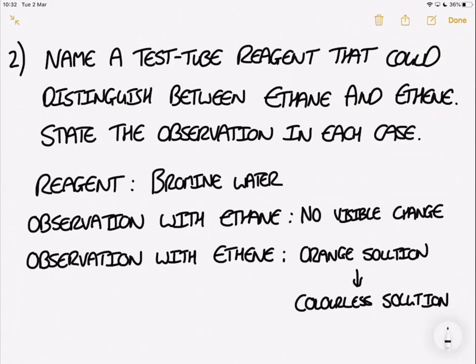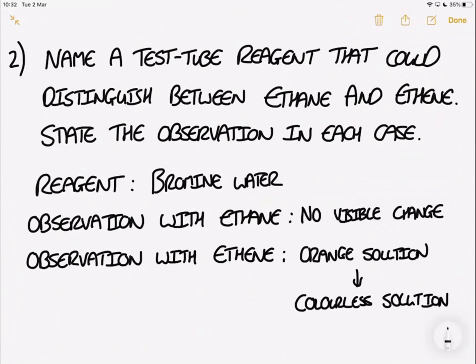You could probably get away with no change or no reaction, depending on the question. But if we're nitpicking, it's not as good a way of phrasing it. The reason for that is that there might be some underlying chemistry that you can't see, even though there's been no visible change. Now, obviously, with bromine water and ethane, we can assume that there is no reaction. But the idea is that you're covering yourself by saying no visible change.